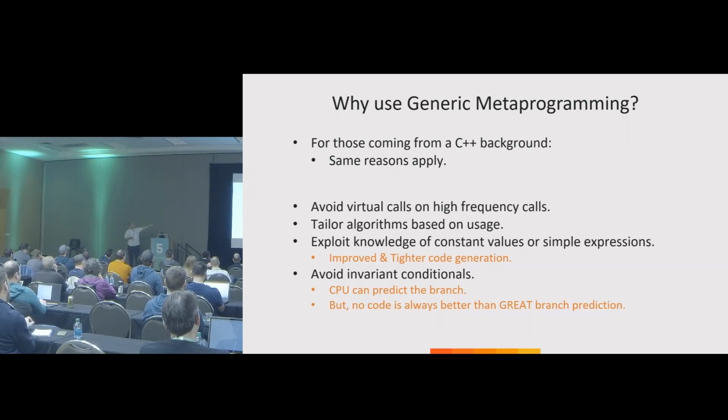Because we can get rid of virtual calls, which are absurdly expensive. Because we can tailor our algorithms just for the case they were being called for. If I know this location is going to be used in this way, I can instruct the runtime: this is how I want this algorithm to work.